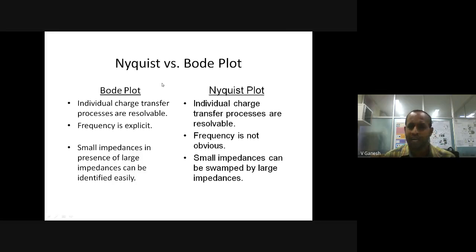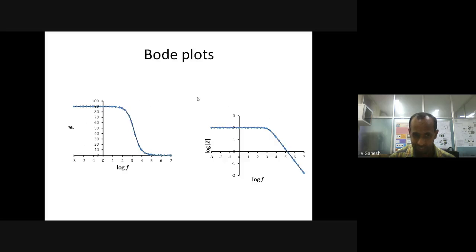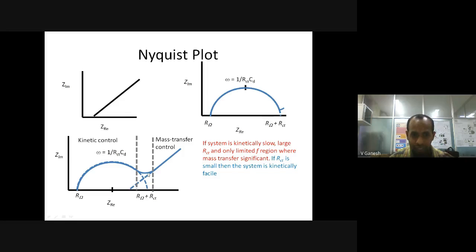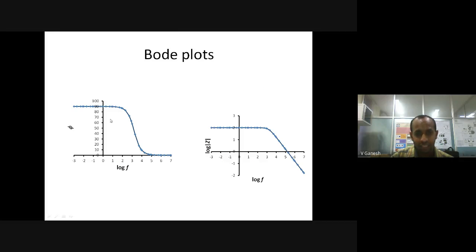Now, why do we use two different kinds of representation as an output in impedance? They are called Nyquist and Bode. In the Nyquist plot, as you have seen a while ago, you cannot pinpoint the frequency dependence of the impedance. You cannot measure the frequency directly from this kind of output. Rather, by looking at the Bode plot, which shows the phase angle change, I mentioned that for typical capacitive behavior you would get 90 degrees over the frequency range.